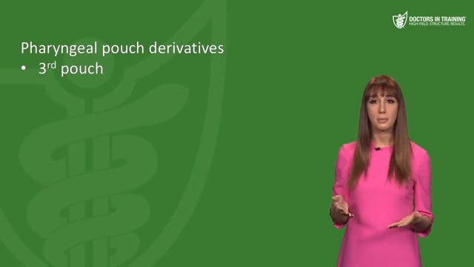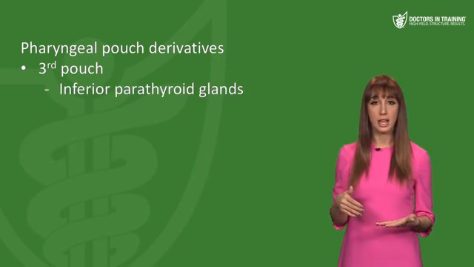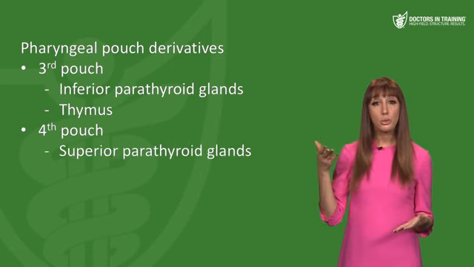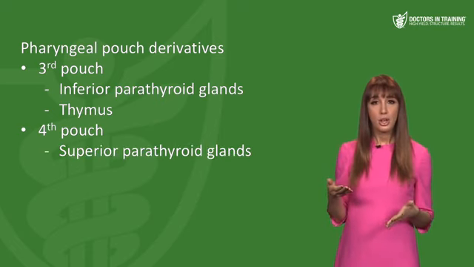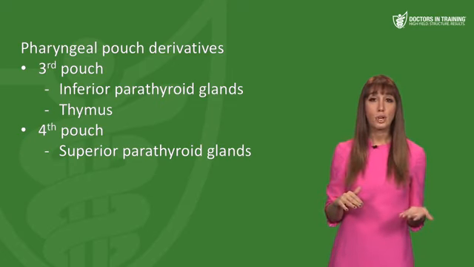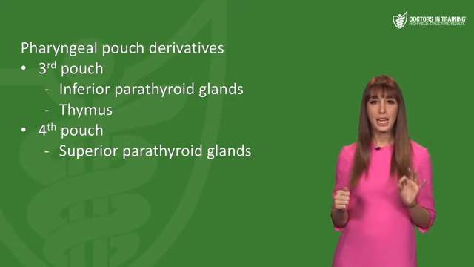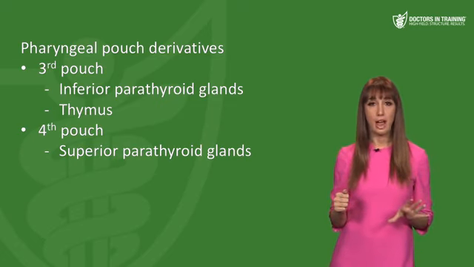The third pouch becomes the inferior parathyroid glands and the thymus. And then the fourth pouch becomes the superior parathyroid. So the third pouch structures are actually inferior to the fourth pouch structures, which seems a little strange. But take note that the third and fourth pouches give rise to the parathyroid glands and the thymus.